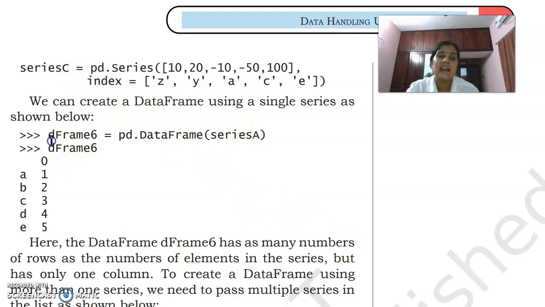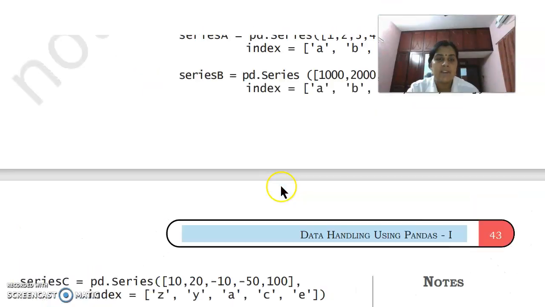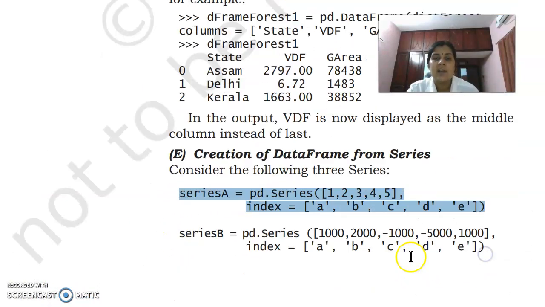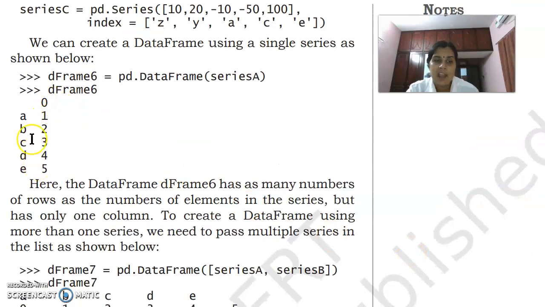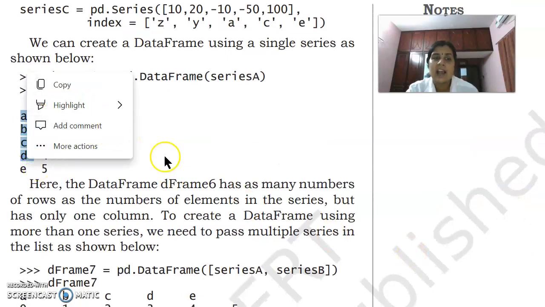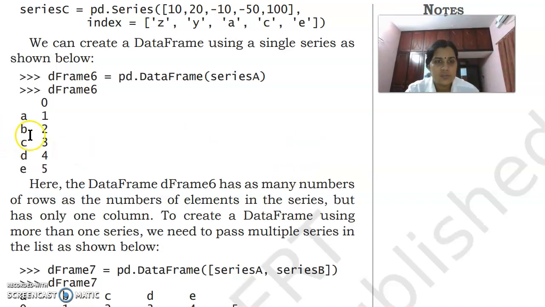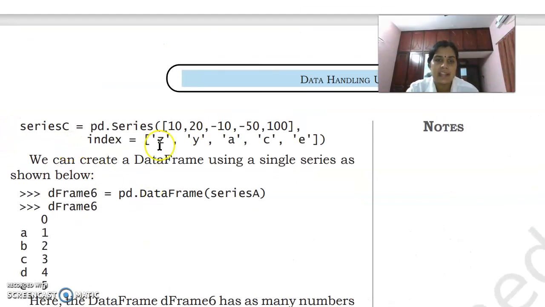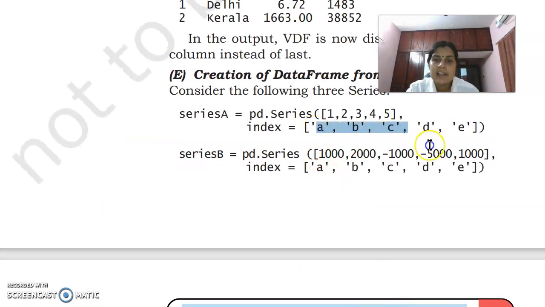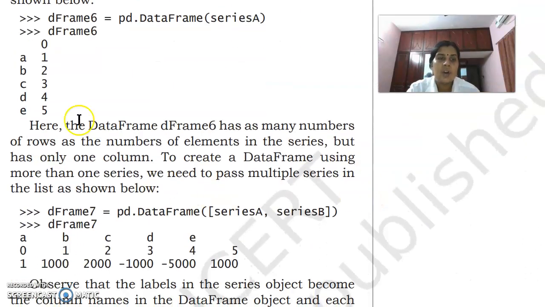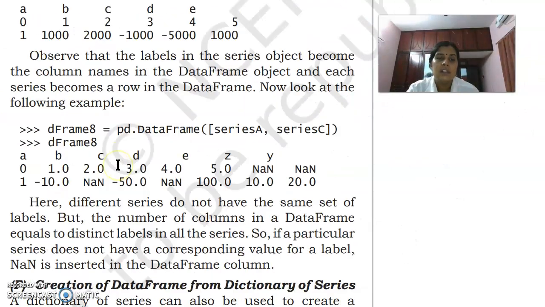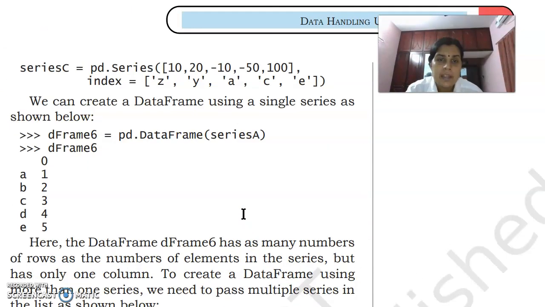Then we can create a data frame object by pd.DataFrame of series A, which will give 1 2 3 4 5 as the values, and a b c d e will be the row labels. That means this index becomes row label, and this becomes value. The column index will be 0 because we are not using any index externally, so we start from 0. So this is creation of data frame from series.